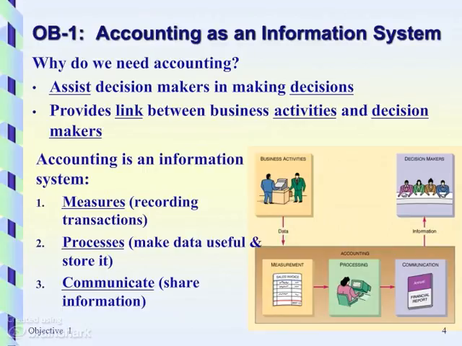Essentially, accounting supplies information to decision makers that they need to make reasoned choices about the alternative uses of scarce resources in the conduct of the business and economic activities. Again, essentially, accounting provides the link between business activities and decision makers.